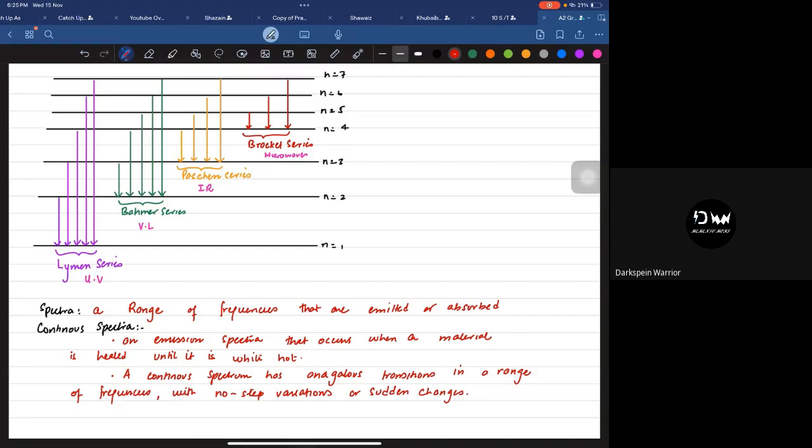All right, kids. So it's basically a very smooth transition system. And why is this called an emission spectra?